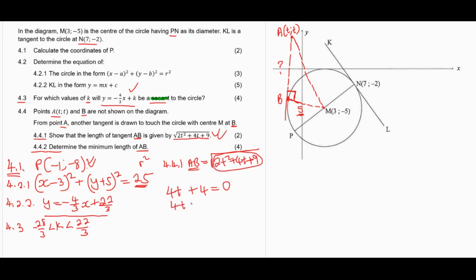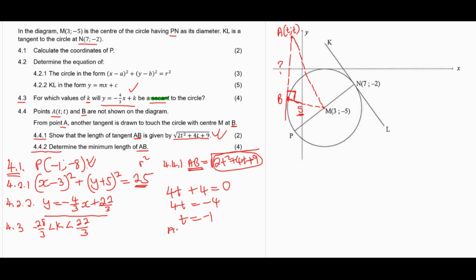So 4t is equal to negative 4, meaning that t is equal to negative 1. So 2t squared plus 4t plus 9 is going to be minimum when t is equal to negative 1. Where there's t, we put negative 1 to find the minimum value of AB.